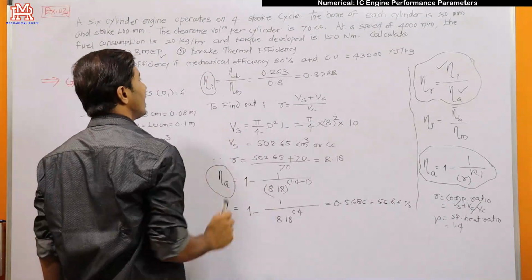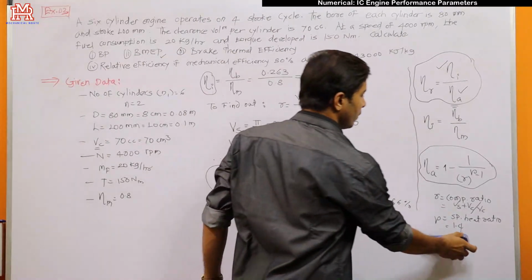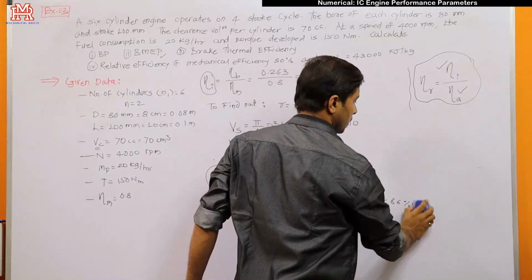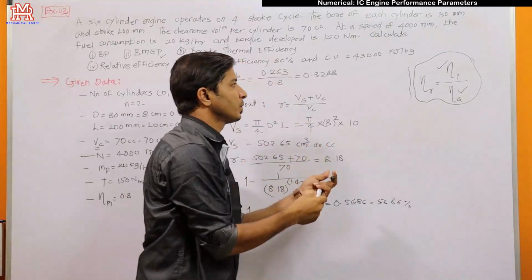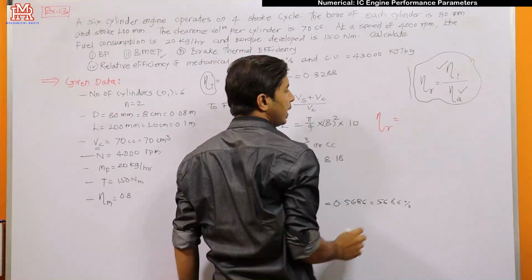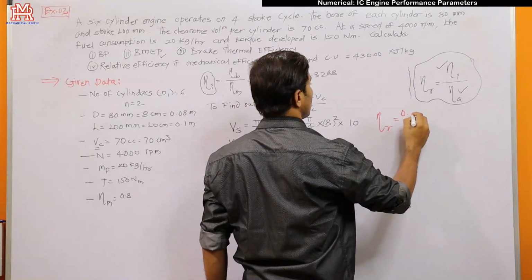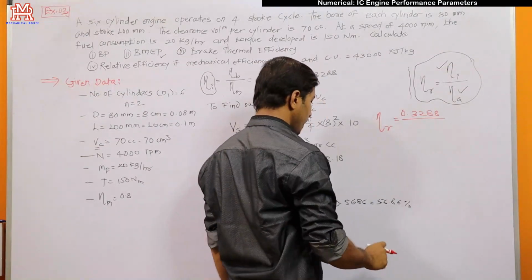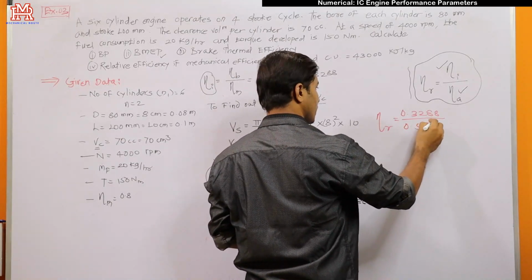So now I have the value of air standard efficiency, and the value of this indicated thermal efficiency. So now I can just substitute the values in this formula. This is the formula where I have to substitute the values. Relative efficiency is equal to indicated efficiency, 0.3288, divided by 0.5686.